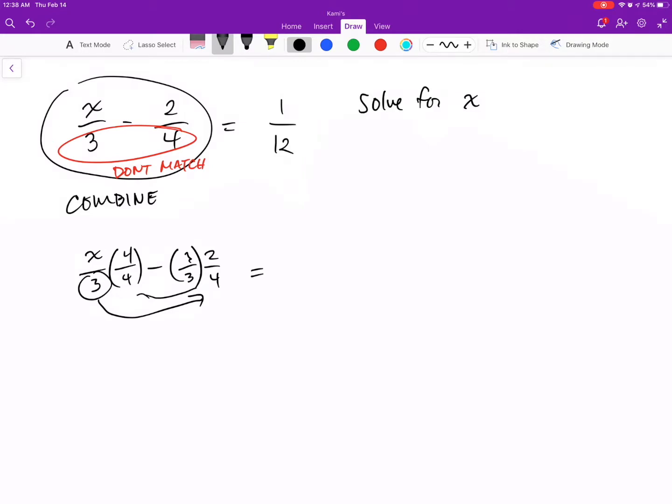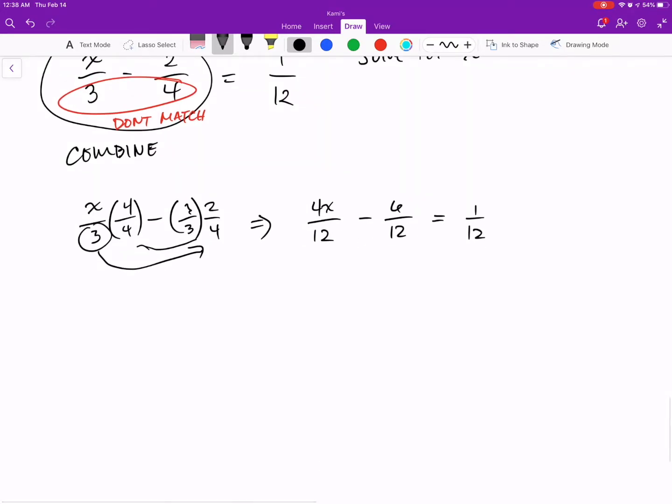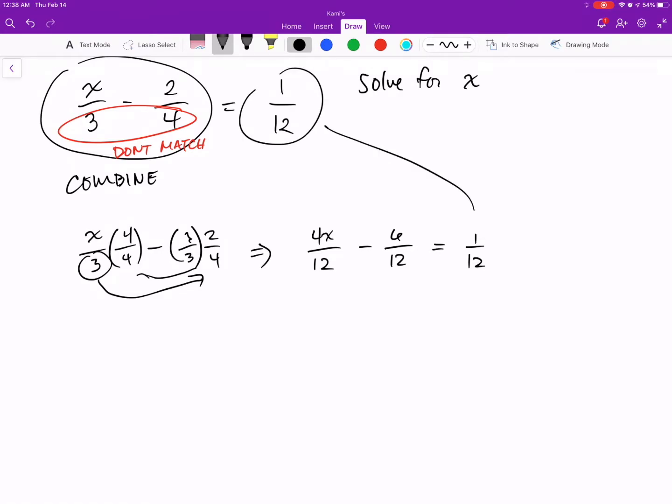And what do we get? Right? We get 4 times x, that's going to be 4x. And 3 times 4, that's just 12, minus 3 times 2, that's going to be 6 over 12. Now, this is all equal to 1 over 12, because we have that here, and we must bring that down.